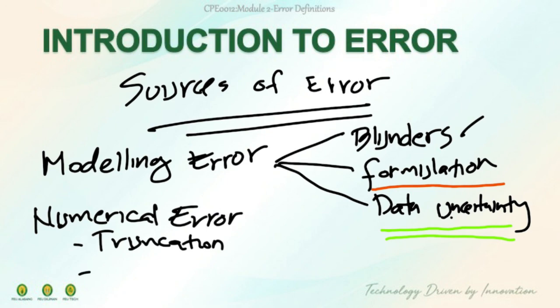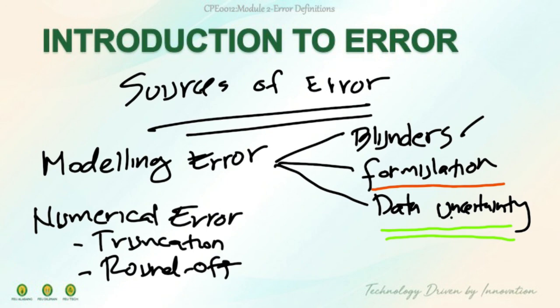And then the second major type of error that we talk about is what Chapra and Canale call round-off error. That is going to be different types of error that come from our numerical approximation, because we represent numbers in the computer, and we're going to talk extensively about that.